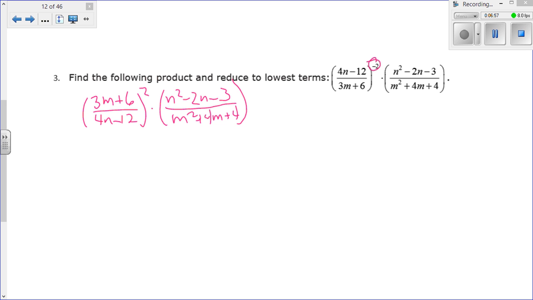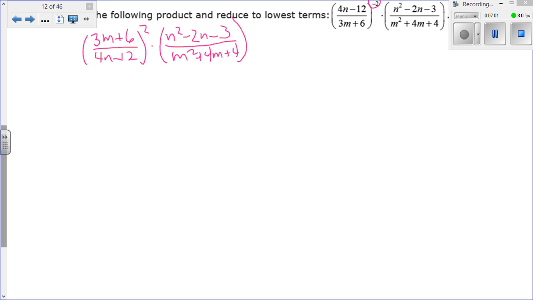So now I'm going to actually try to do some factoring inside my parentheses so it makes it easier to simplify. So inside my parentheses here I have a GCF of 3, so I have 3 and then m plus 2. In my denominator I have a GCF of 4 and n minus 3. And then I need to take the whole thing and square it.